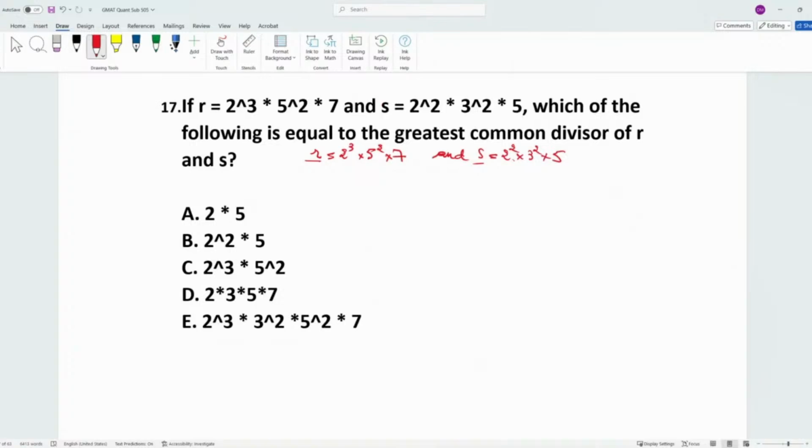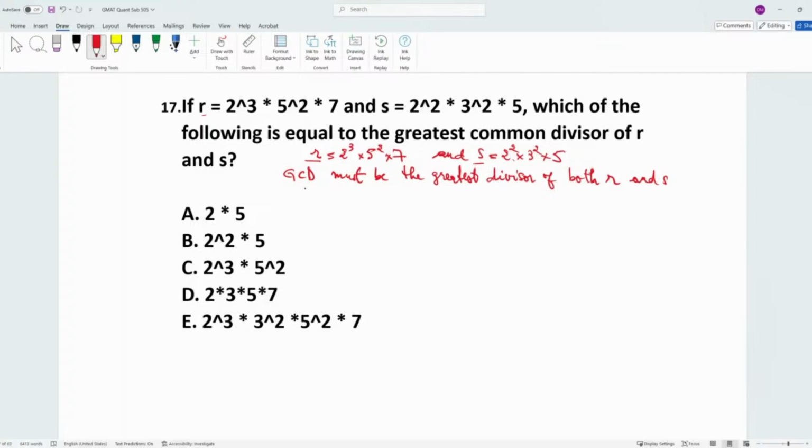So it must be a divisor of R and S and the greatest among the answer choices that we have here. So GCD, which is greatest common divisor, must actually be the greatest divisor of both. Okay, so it's important to say both R and S. So among the answer choices here.